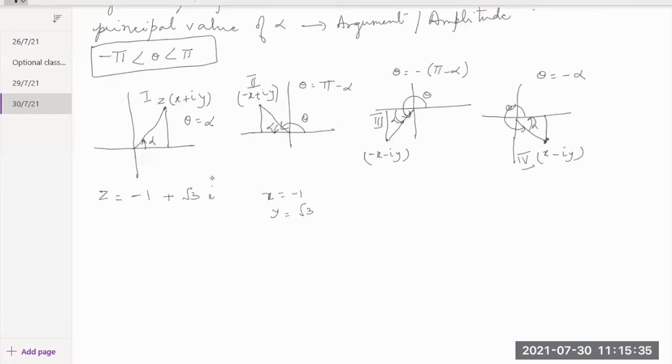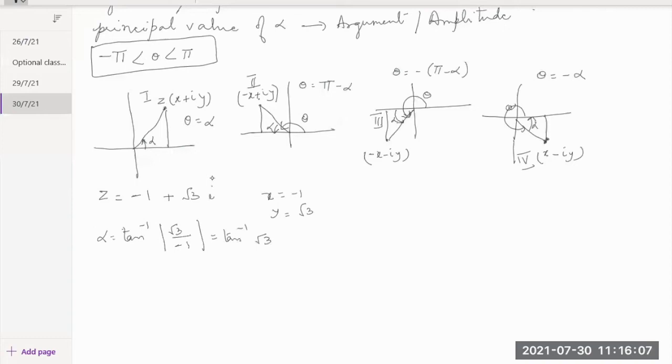Now, since you know where it is lying, let's first calculate alpha. Alpha would be tan inverse of y by x. I've already defined it earlier. So y is root 3 and x is minus 1. So this comes out to be tan inverse of root 3.